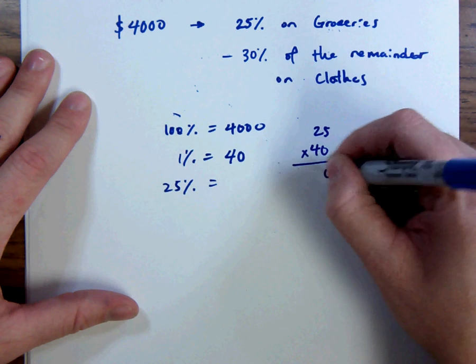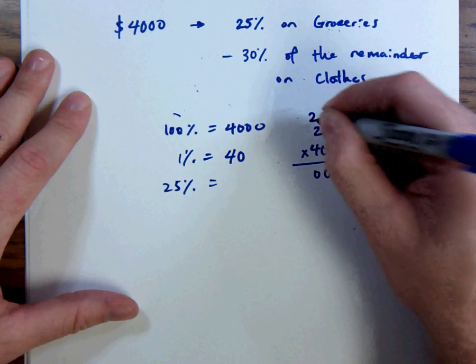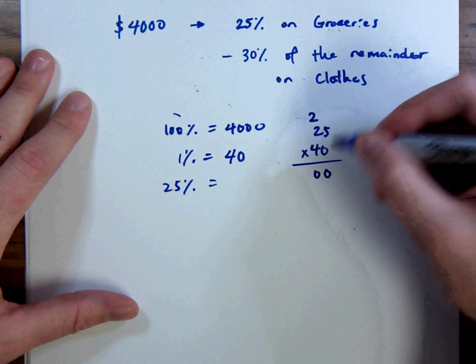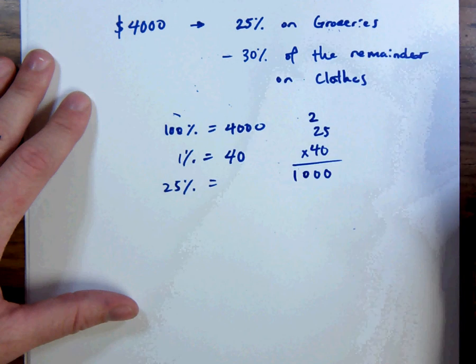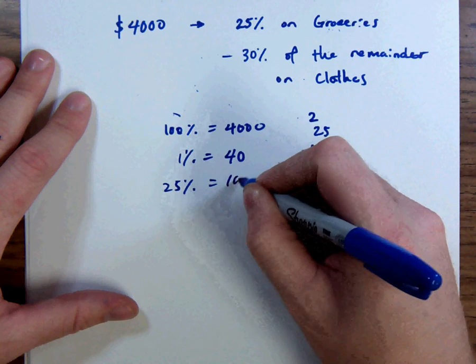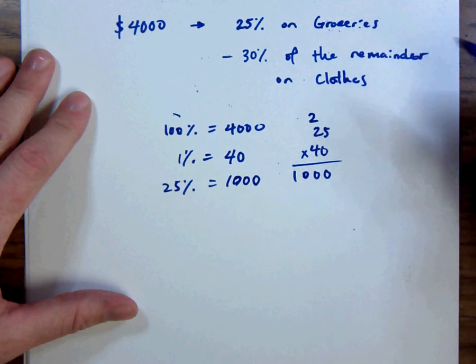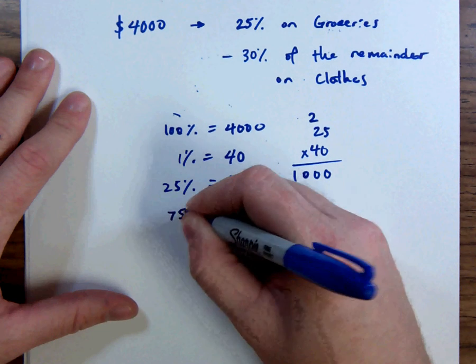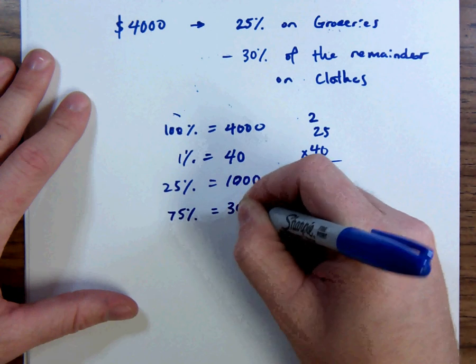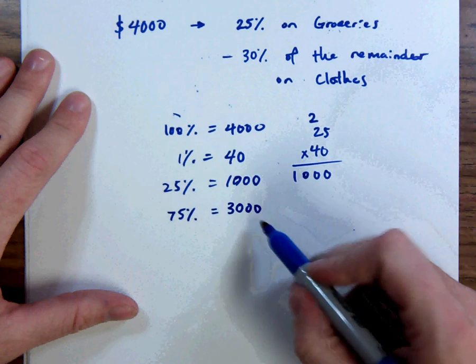So there's a 0 there. 4 times 5 is 20. 4 times 2 is 8. It'll be 1,000. So you spent $1,000 on groceries. That means you have $3,000 left over. So this is your remainder.